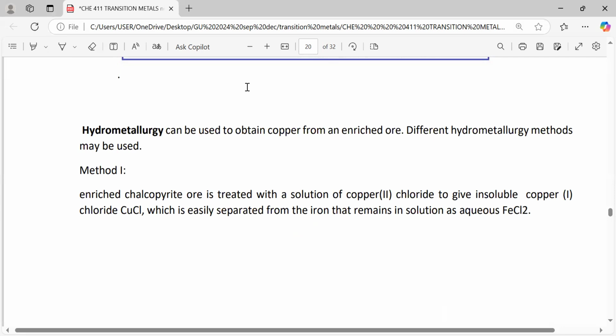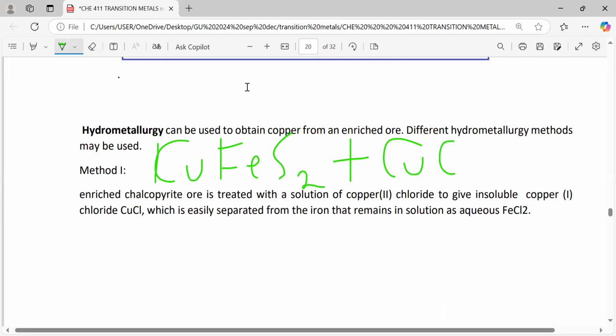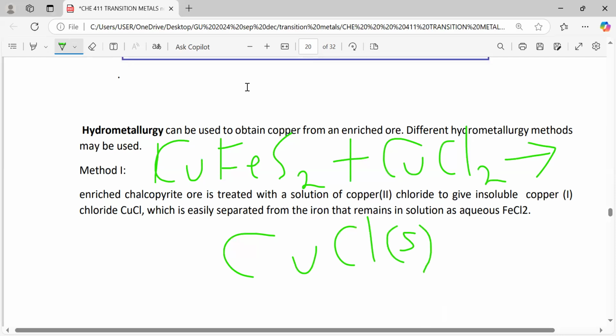So I'll just write it here. You have the copper iron sulfide. Then you are reacting it with copper 2 chloride. Then what happens? You get your copper 1 chloride, which precipitates out. Then the other product is what? Iron 2 chloride, which is aqueous.